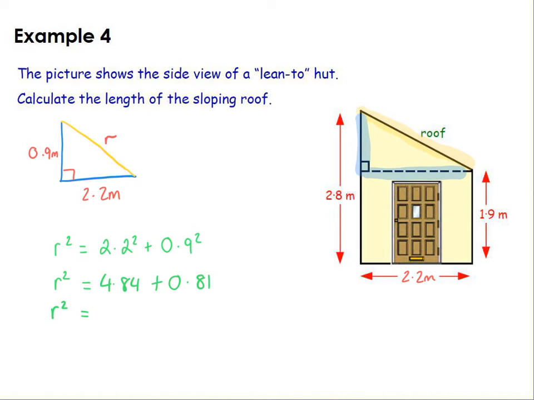When I add these two together, I get an answer of 5.65. And to find R, the length of the sloping roof, I'm going to do the square root of 5.65. And that is going to give me an answer of 2.37, and we'll round it to one decimal place, which is 2.4 metres.